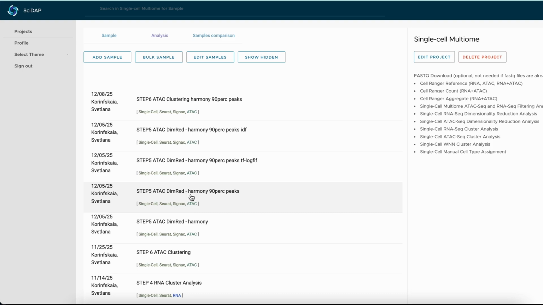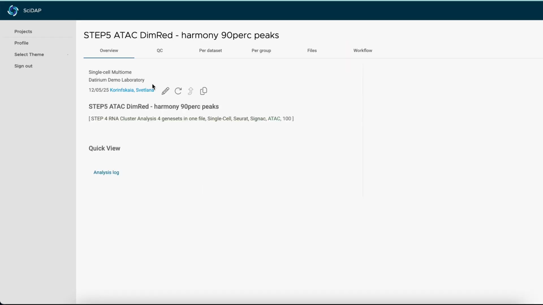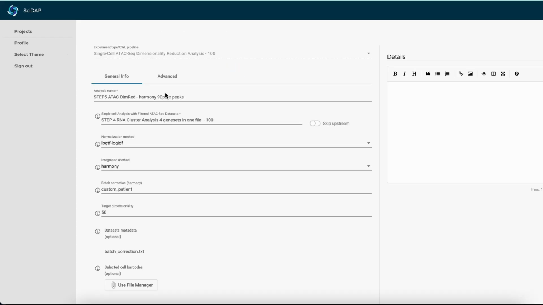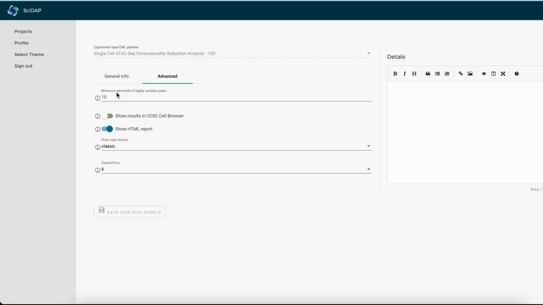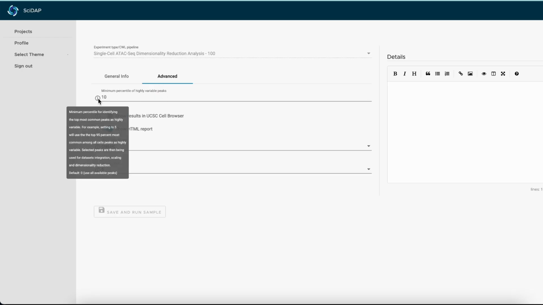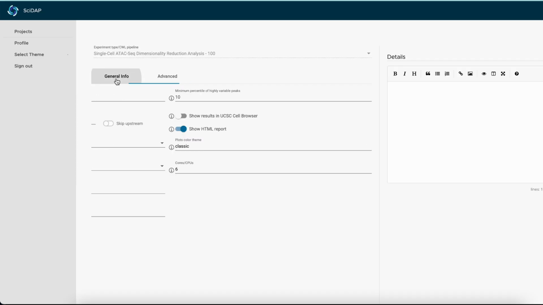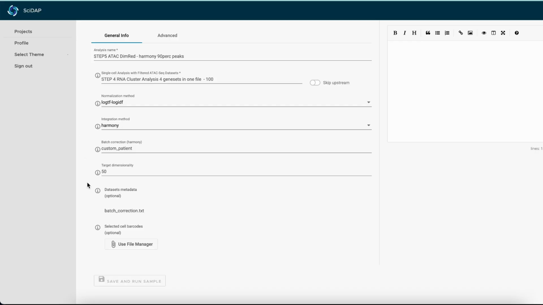I provided it as an integration method. And additionally, I changed the parameter, which called the minimum percentile of highly variable peaks. I set it to 10, meaning that 90% of the highly variable peaks will be considered for integration, scaling, and dimensionality reduction.